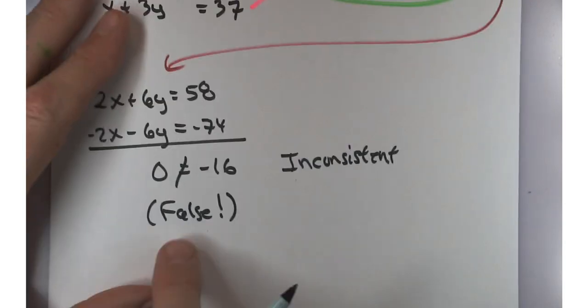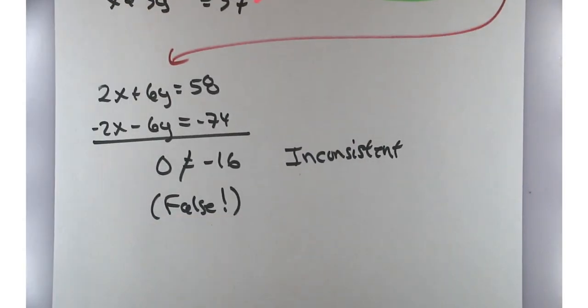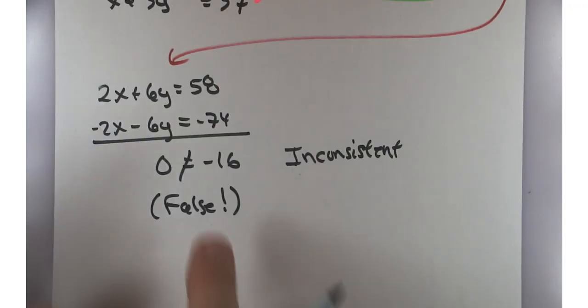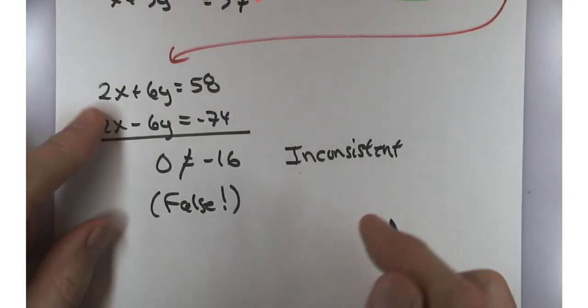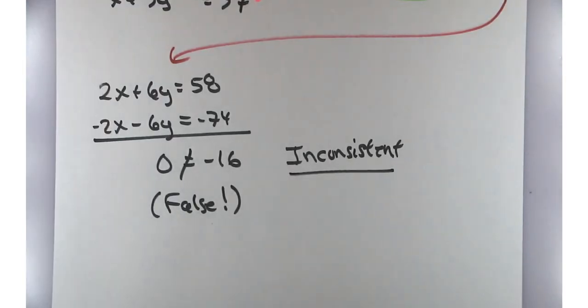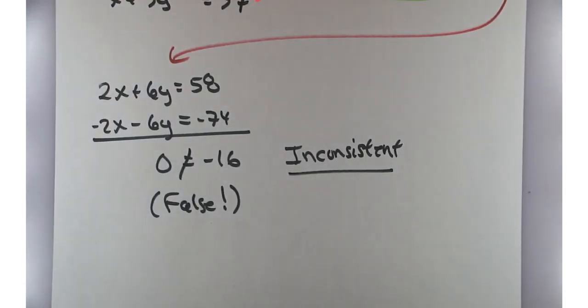And this is what I try to emphasize in section 12.1: when all the variables drop out and you have a false statement, that's an inconsistent system. If they drop out and you get a true statement, then that's a dependent system. So there are different things you can do depending on that. Let's look at example H.